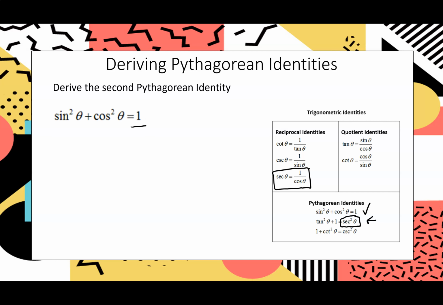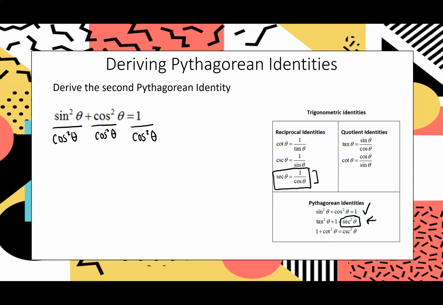So if I divide by cosine squared theta, that would give me what I need on the right side, because I need a secant squared theta. Well, I don't have the ability to just divide by anything I want. If I want to divide by something, I have to do it on all sides. So I'd have to divide by cosine squared theta here, and here.